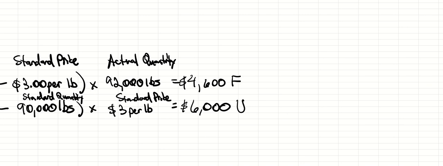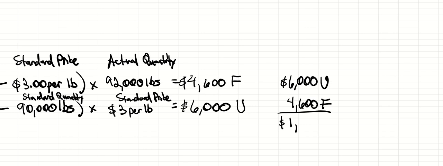So if we take 6,000, which is unfavorable, and subtract the $4,600 that's favorable, that's going to give us a variance of $1,400, and that's going to be unfavorable.